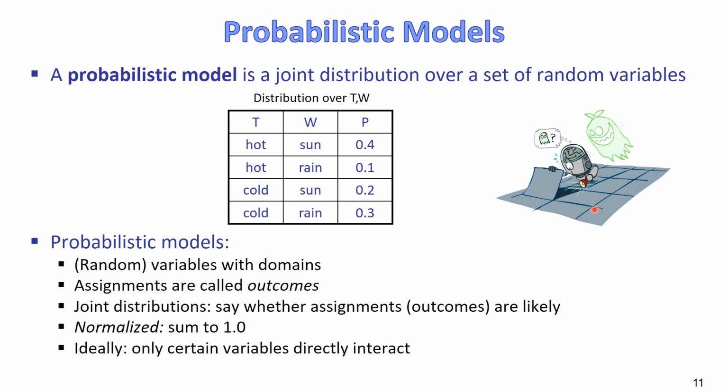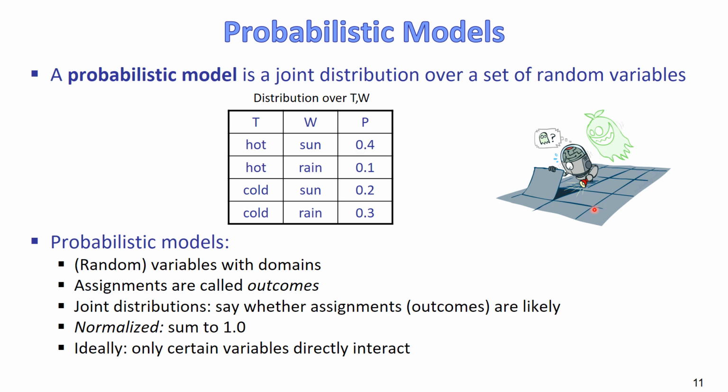Let's today start by talking about probabilistic models. Okay, so a probabilistic model is just a joint distribution over a set of random variables. Okay, so when we have a joint distribution over random variables, we call this a probabilistic model, because it models the interaction between these variables.